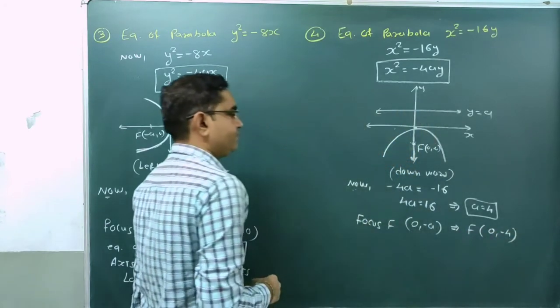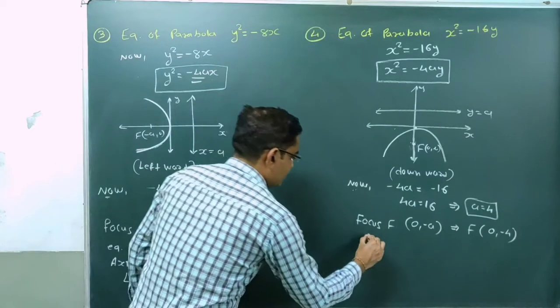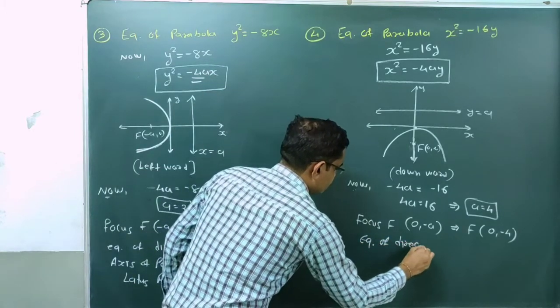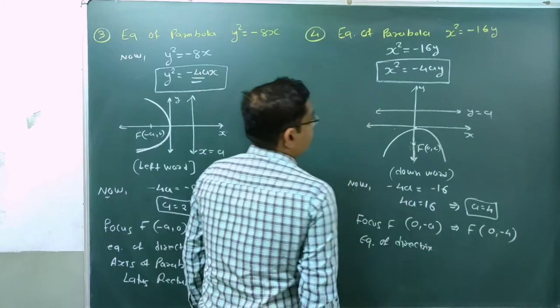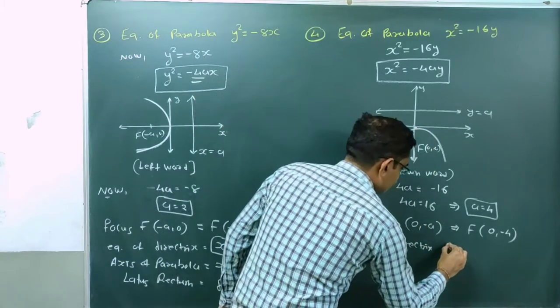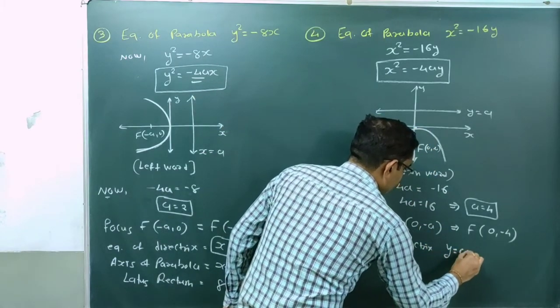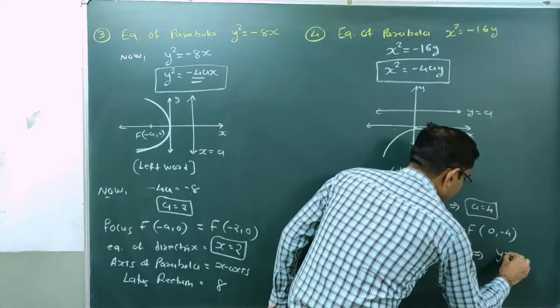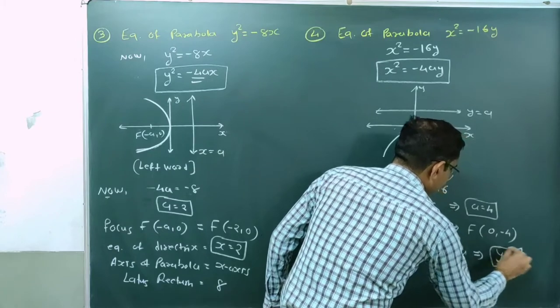Now equation of directrix is y equal to a. The value of a is 4. So y equal to 4 is the equation of directrix.